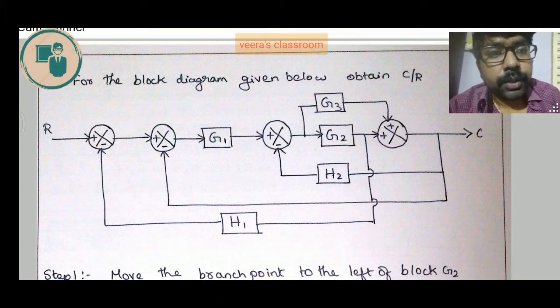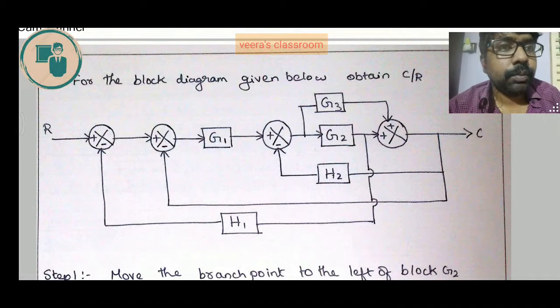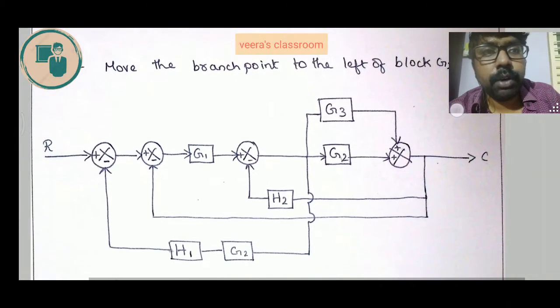Both can be moved to the left or right so that we can solve. What I am going to do now is move the branch point between the block G2 and the adjacent summing point to the left of G2. That is step number 1, moving the branch point to the left of block G2.